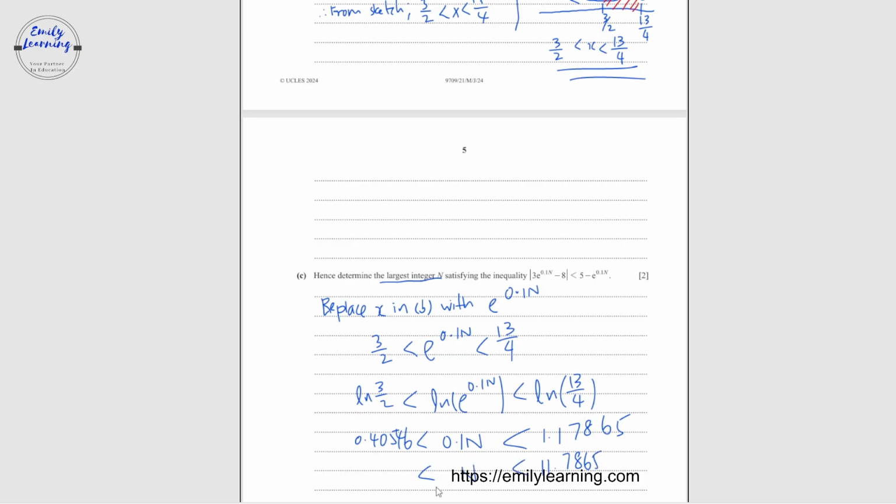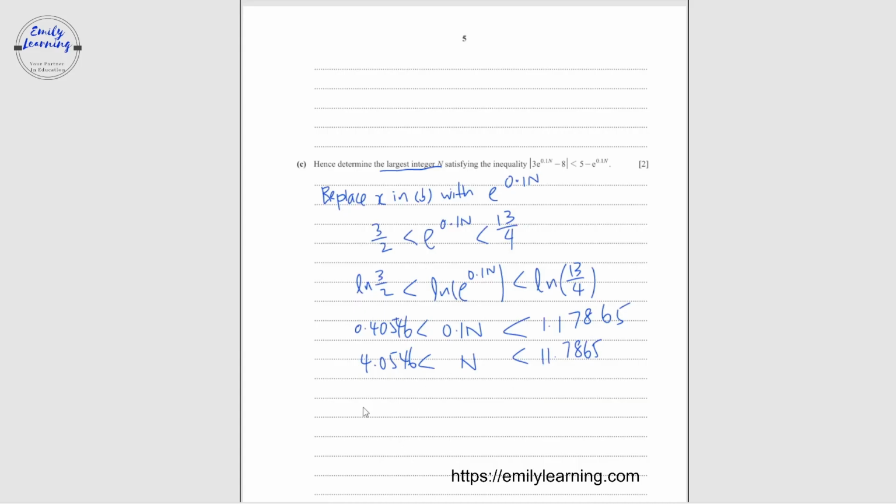Here will give me 4.0546. So based on this, I know that the largest integer value of n is basically 11, because n can be up to 11.7865 and the largest integer that is up to 11.7865 is 11.